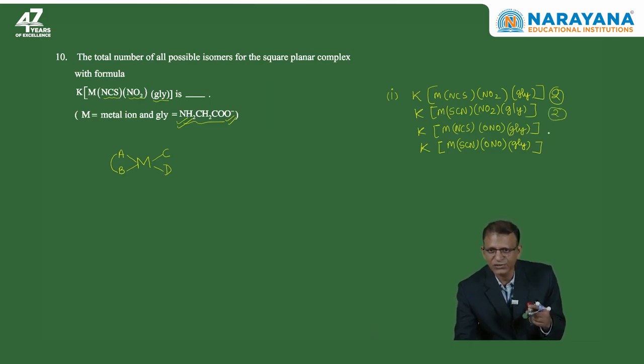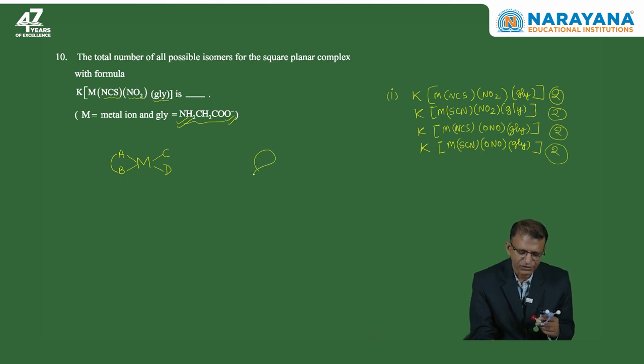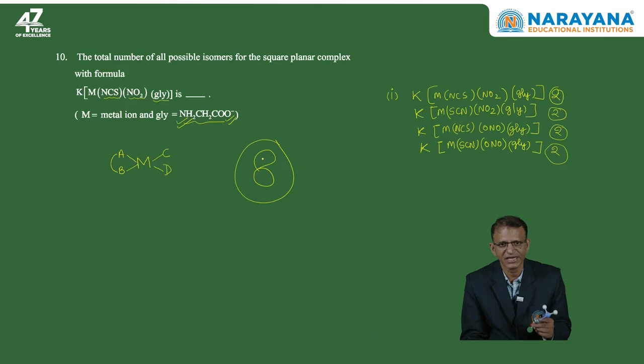In this case also there are two geometrical isomers, and similarly in this also there are two. So the total number of isomers for this complex is going to be 8. There is no optical isomerism, so there is linkage isomerism, based on which we can form 4 complexes, and all these complexes have 2 geometrical isomers. So a total of 8 isomers are possible for this complex.